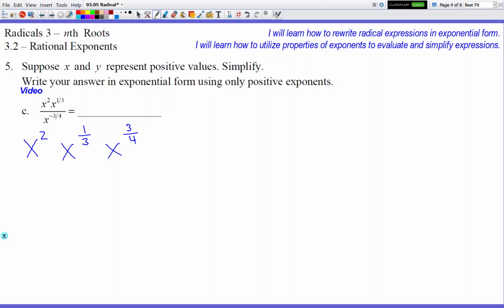And the reason why it's gone is because the x to the 3/4 used to be on the bottom, but his negative told him to go back to the top. That's what a negative exponent does. It tells you to go to a totally different location, the opposite location from currently where you are. So since he was already on the bottom, I can't send him to the bottom again because he's already there. So my only option is to send him back to the top.